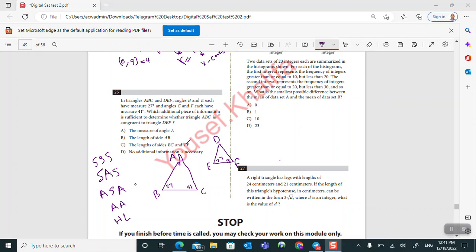Here the only one that we can prove is ASA. So we have an angle, side, angle. So the correct choice is the lengths of sides BC and EF.